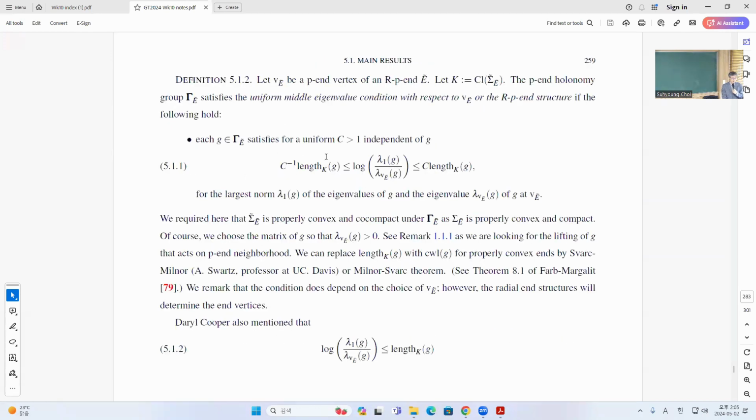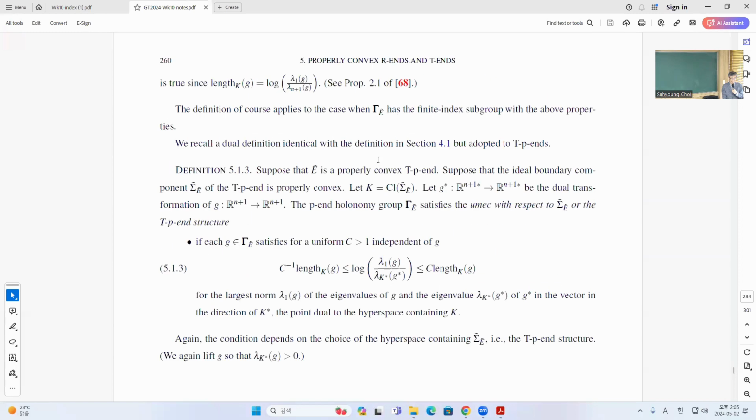Anyway, so that's the uniform middle eigenvalue condition for the Rn's, and of course, if you dualize this, then you get our uniform middle eigenvalue condition for the Tn's as well, right? These lambda k star are the ones associated with the totally geodesic plane. That's because if you have a fixed point, then in the dual, it will correspond to a dual plane.